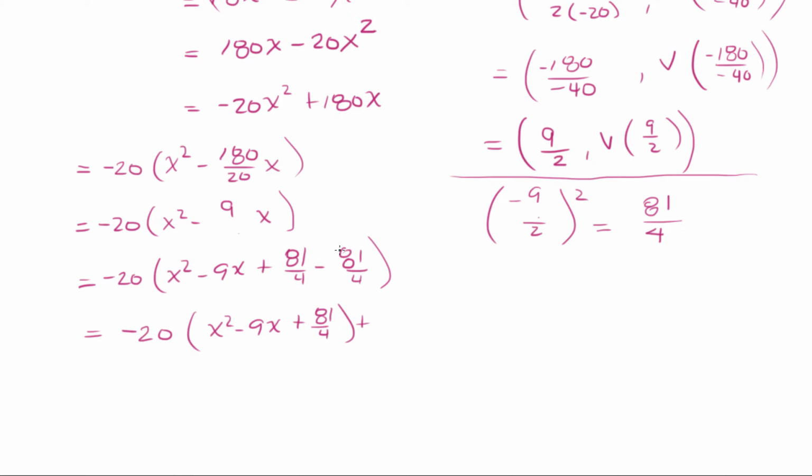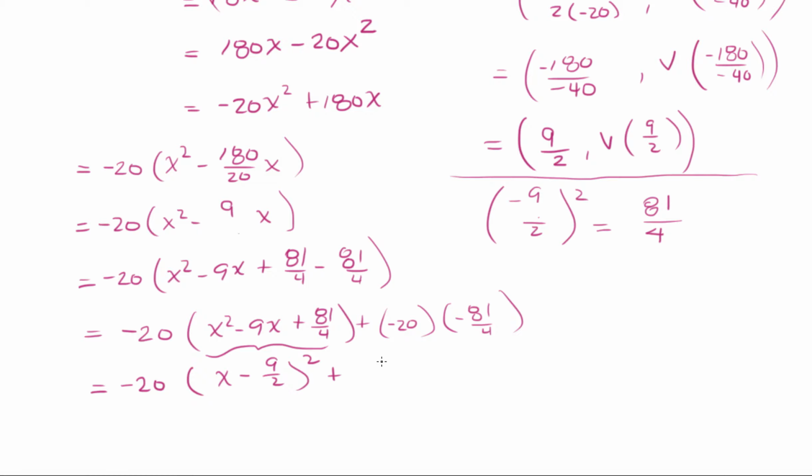Now in order to take out this negative 81 over 4, we have to multiply by negative 20. So negative 20 times negative 81 over 4. Now remember, these three factor into b over 2, so it's going to be x minus 9 over 2 squared.